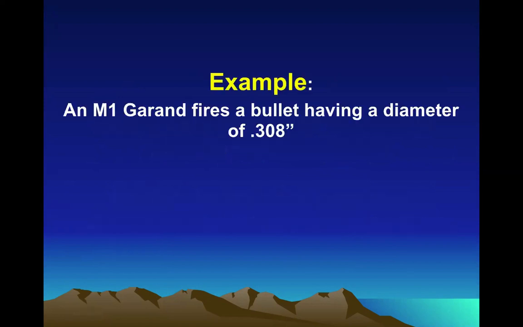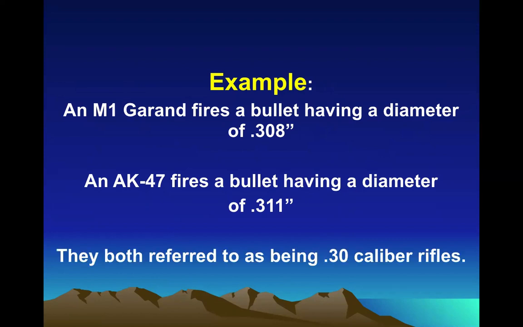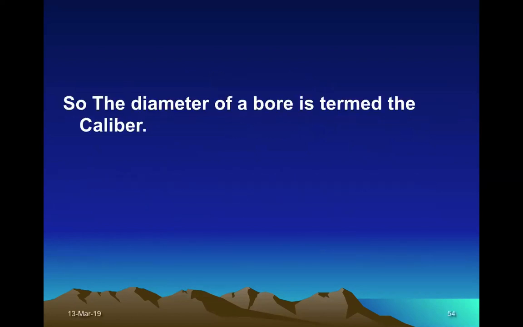For example, the M1 Garand fires a bullet having a diameter of 0.30 inches, and the AK-47 fires a bullet having a diameter of 0.311 inches, and both are referred to as .30 caliber rifles. So the diameter of a bore is termed the caliber.